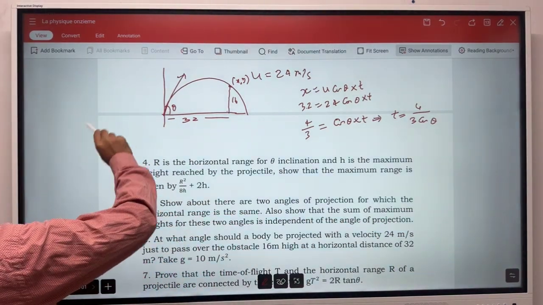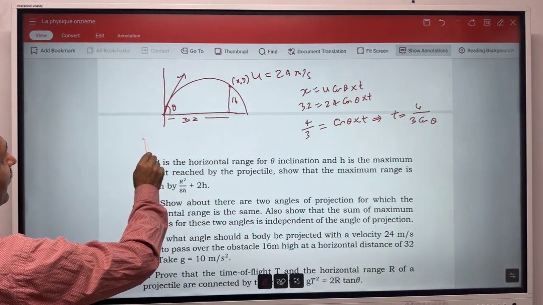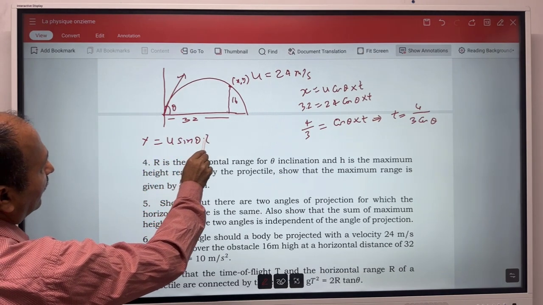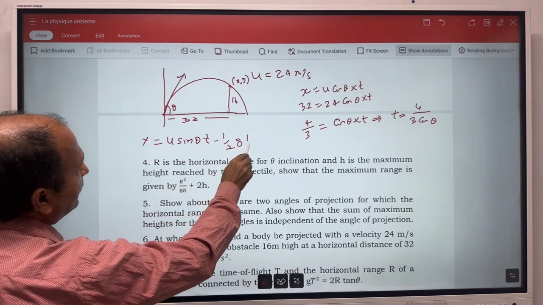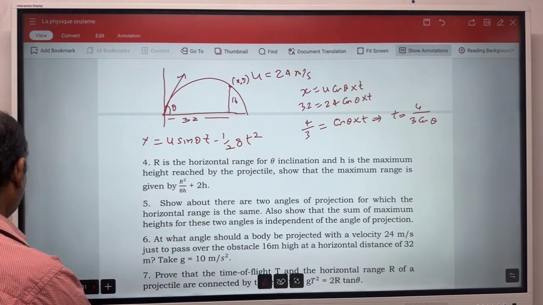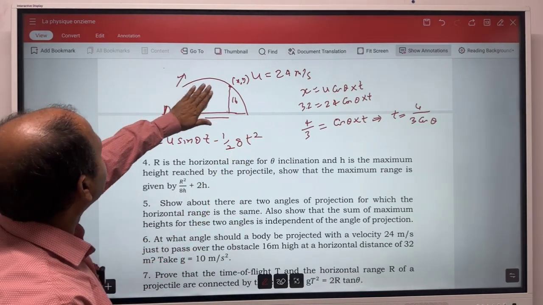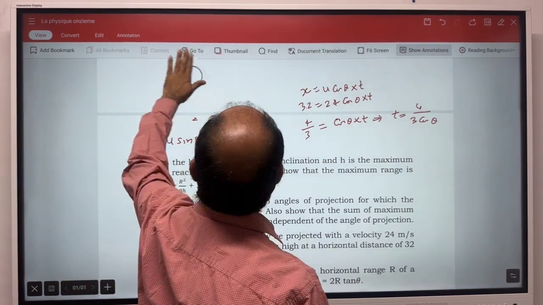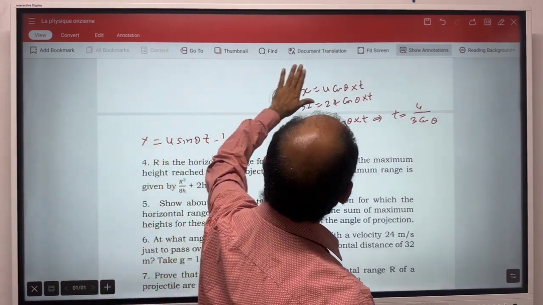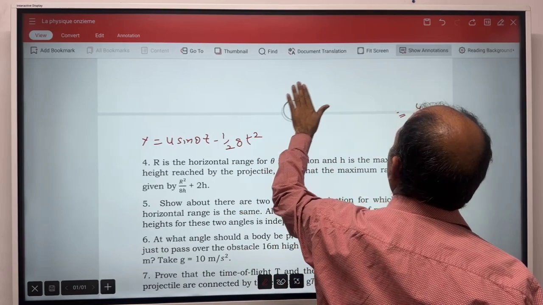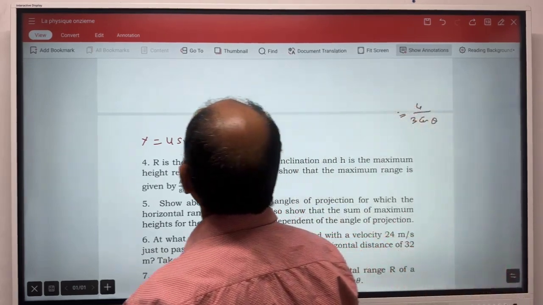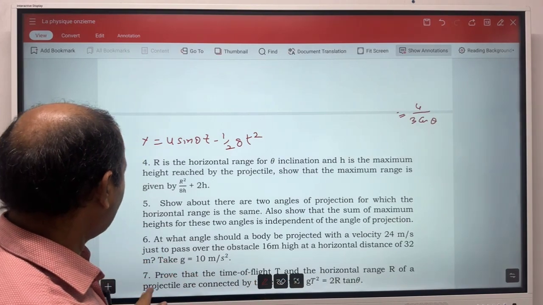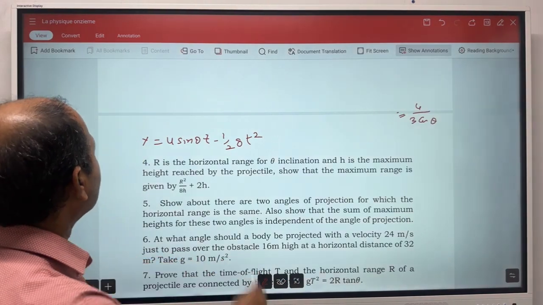Now we consider the equation along y-axis. So y equal to u sin theta t minus half g t square. We can put the values. Now if we put the values, y is given in our question, so y equal to 16 meter.